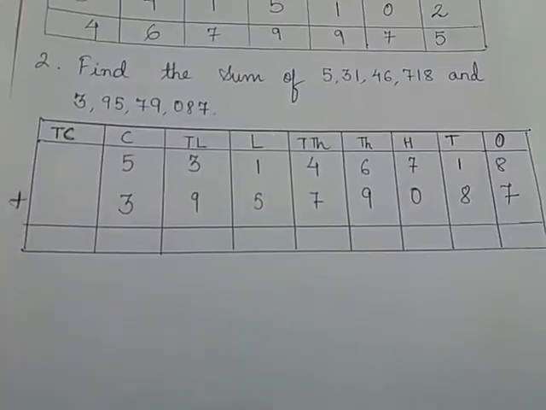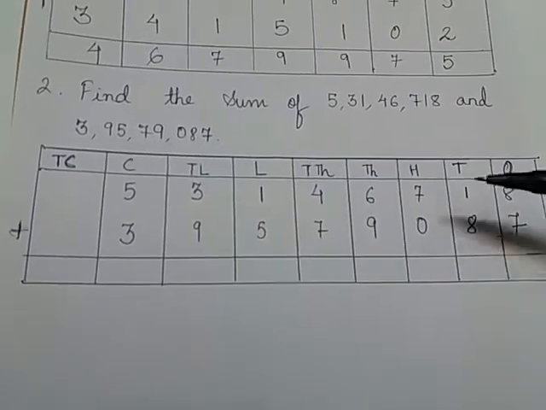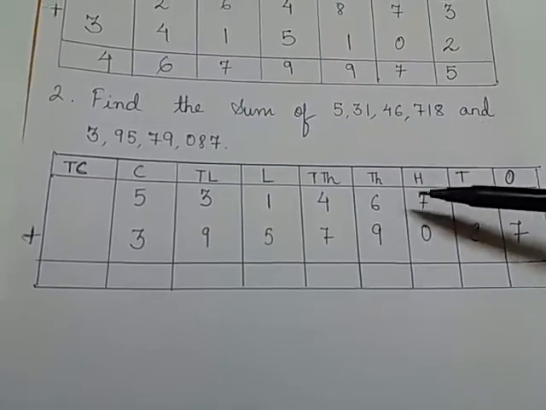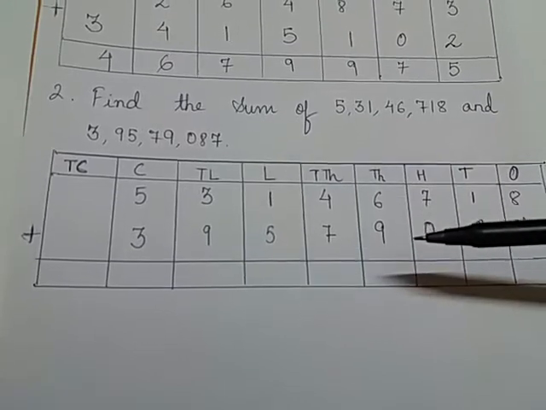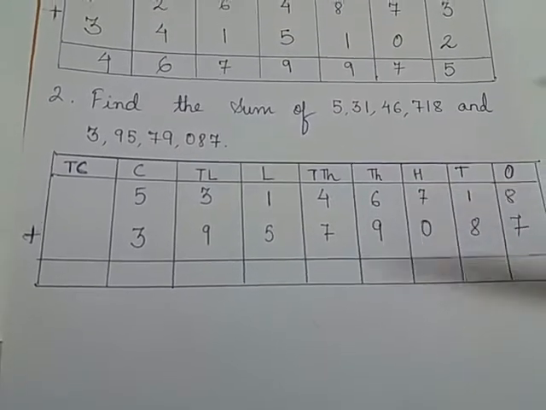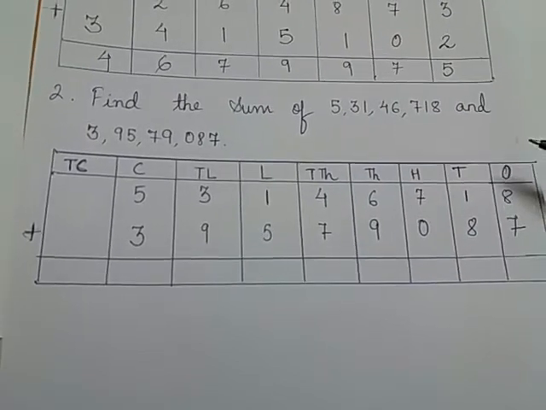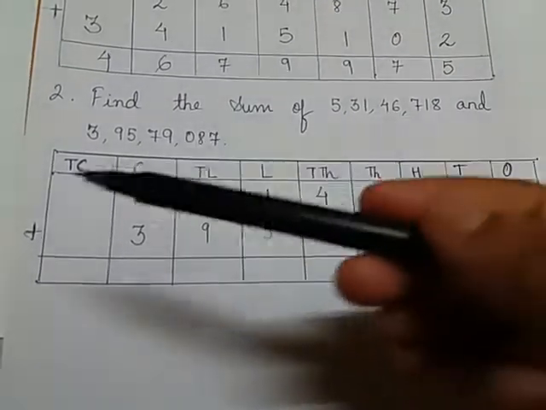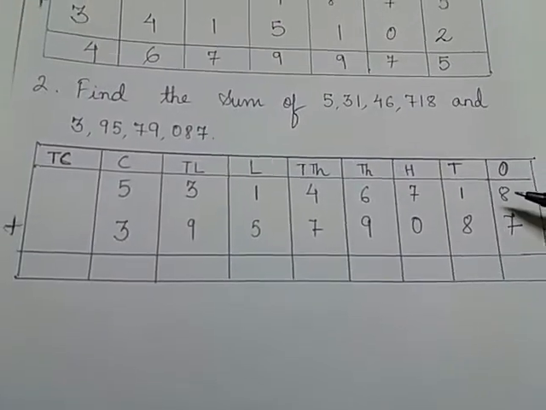Again, I am telling you students to be very careful while you are putting these in these place values, because that is the only place where you will make the mistake. Okay, so let's start from the ones. From right we will proceed towards the left. From ones we will start.